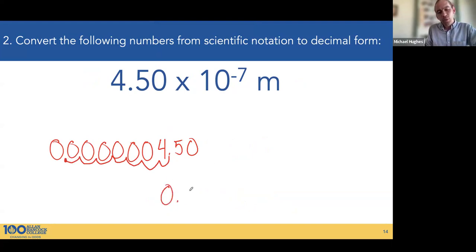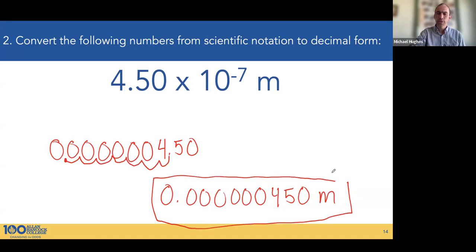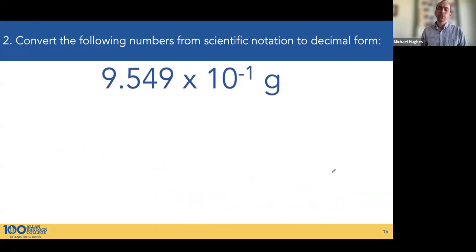Our number is 0. How many zeros? 1, 2, 3, 4, 5, 6. Of course, and then 4, 5, and keep that 0. It is significant. More on that later. Meters.